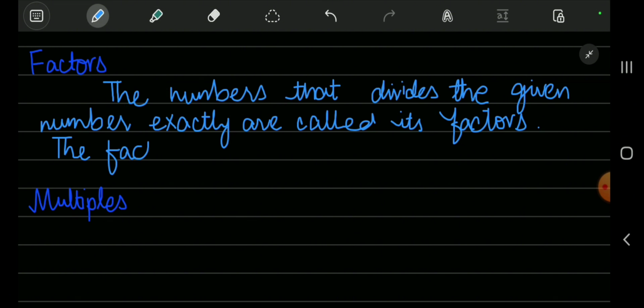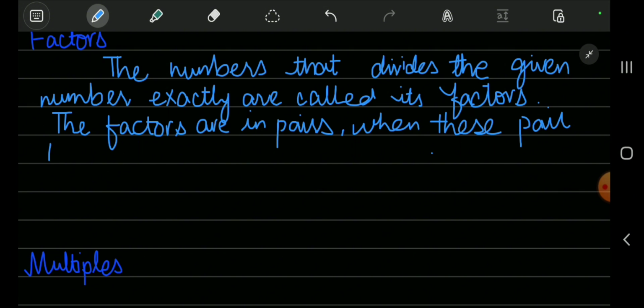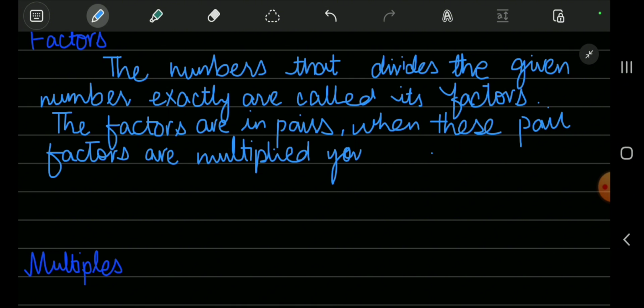The factors are in pairs, and when these factors are multiplied, you get the original or given number.